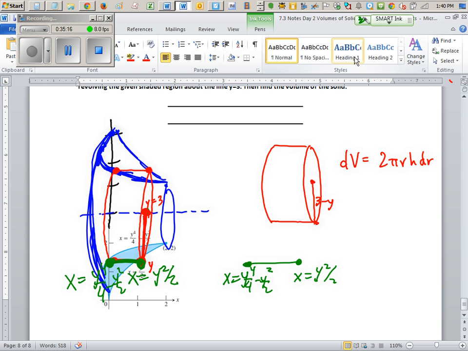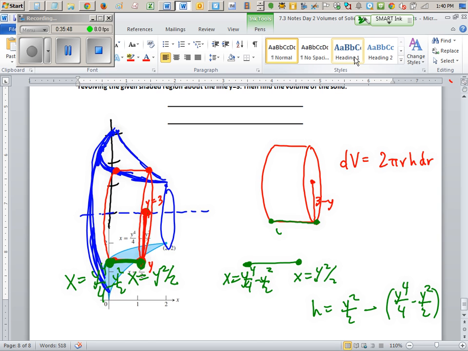So how long is the segment? It's just the difference. So what's y squared over 2 minus y to the 4th over 4 minus y squared over 2? Looks like you got a 1/2 y squared plus a 1/2 y squared there. This right here, I just subtracted.